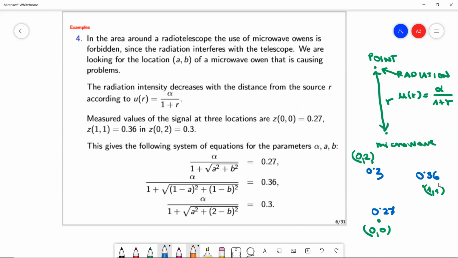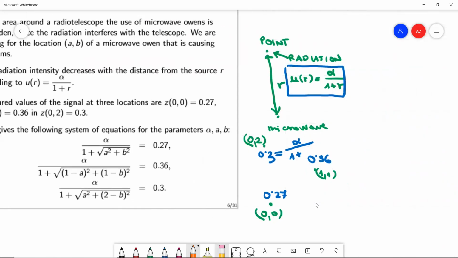And we don't know where the microwave is positioned. But based on our model, which is this, we know that this 0.3 is equal to alpha over 1 plus R, where R is the distance between this point (0, 2) and the position of the microwave, which is (a, b).